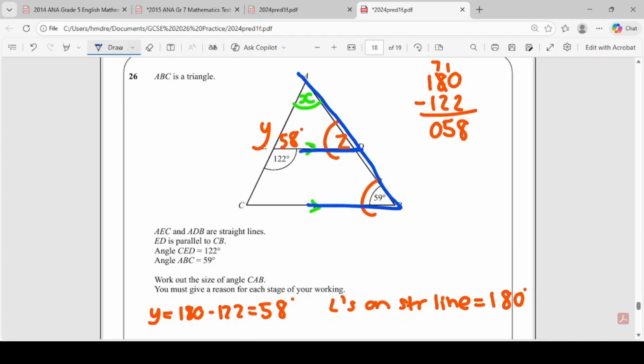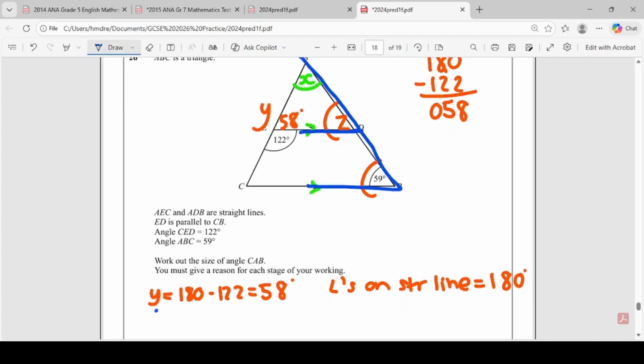It's okay to use like X and Z. Just make sure you label on the diagram so they can see what you're talking about. So Z is 59 degrees. The reason being corresponding angles are equal.